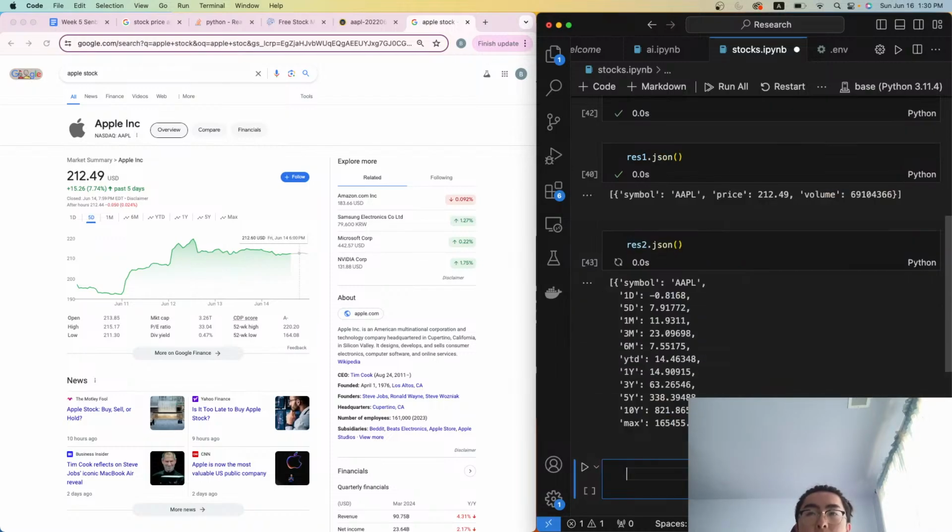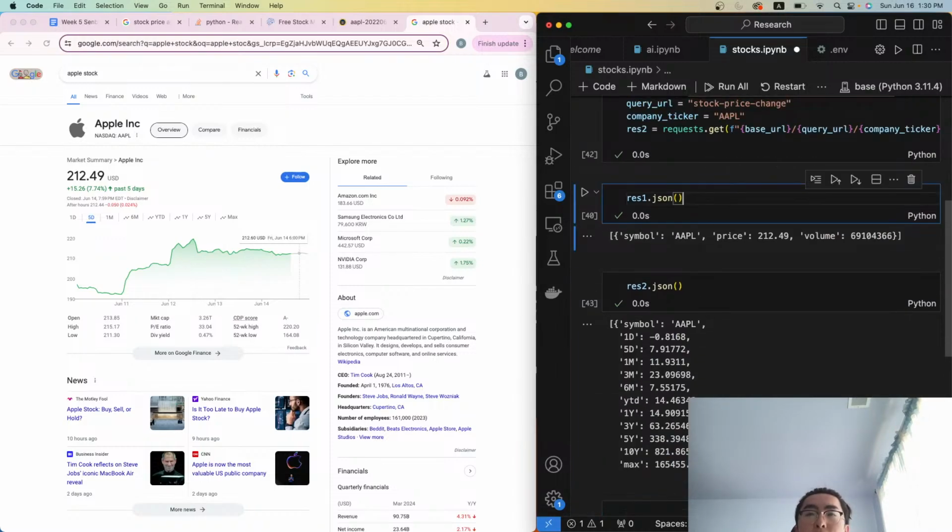Because the reason I'm kind of confused, the stock price matches up here with Google, but in terms of the 5-day percent change, this is 7.74%, while this is 7.61%.